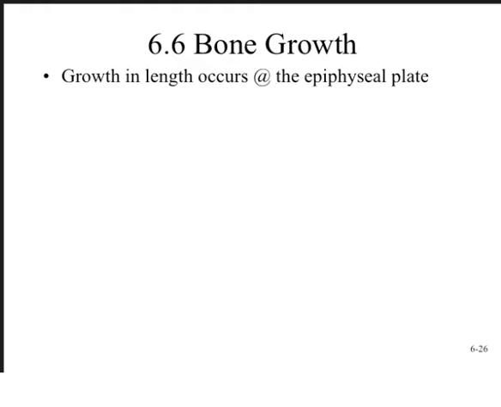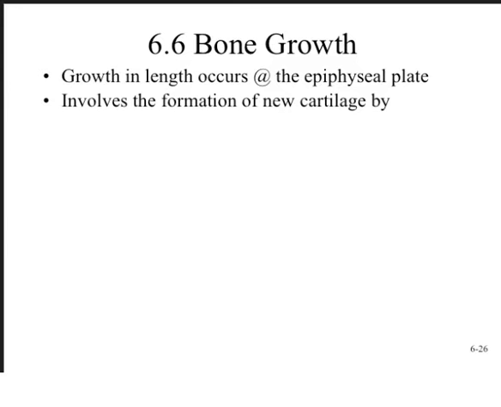Remember that originally the skeleton is made exclusively out of hyaline cartilage, and it transitions to mineralized matrix in the process of endochondral ossification prior to birth. The epiphyseal plate will persist until the end of puberty, and once that disappears, that's the end of longitudinal growth, and then the only type of bone growth possible after that is appositional growth or changes in bone density.